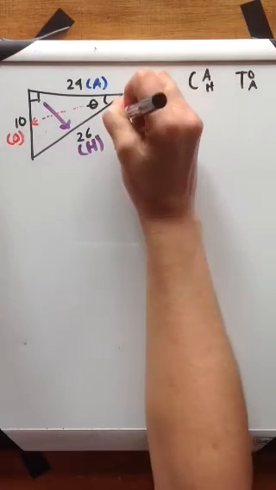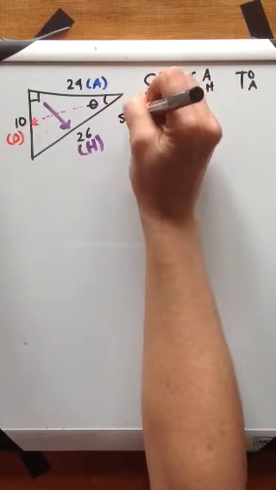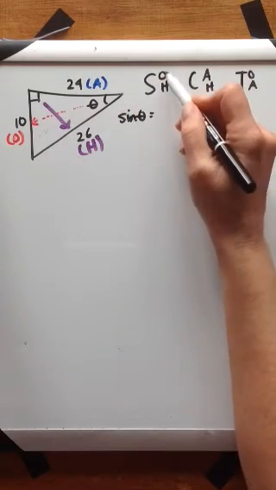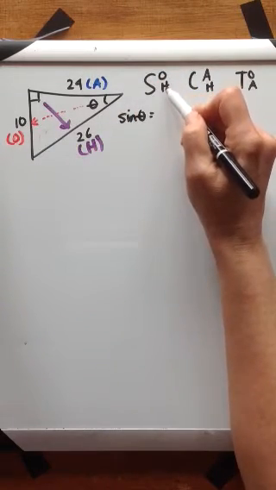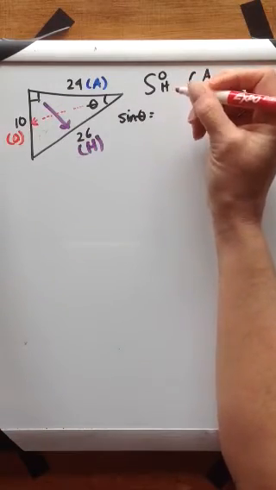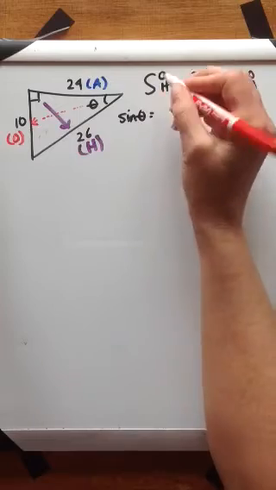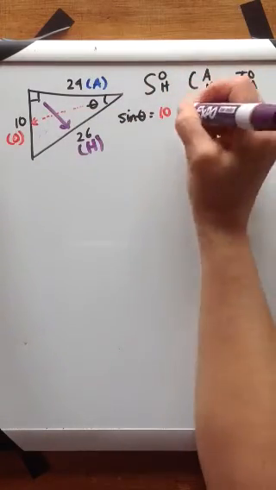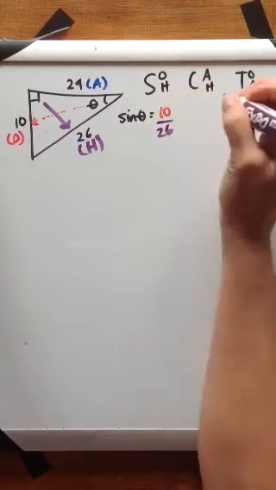So if we were to start with the sine of this angle, theta, we know that sine is equal to opposite over hypotenuse. So in this case, the sine ratio for angle theta would be opposite, which is 10, divided by hypotenuse, which is 26.